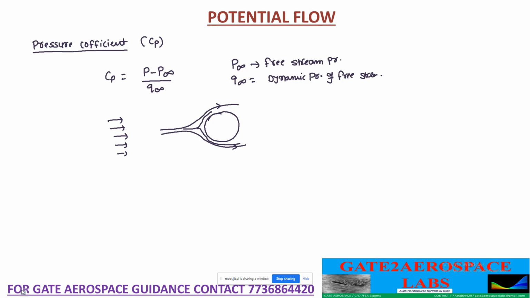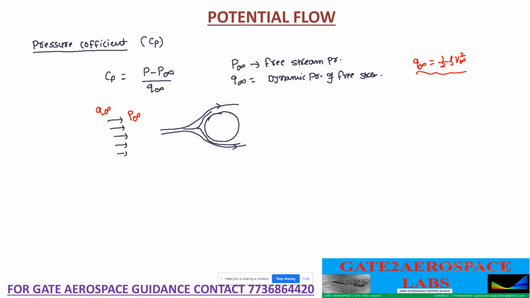Now, there will be some pressure here, P infinity. Okay, there will be some dynamic pressure of the free stream. The dynamic pressure is, as you know, half rho V infinity squared. This is the dynamic pressure of the free stream.